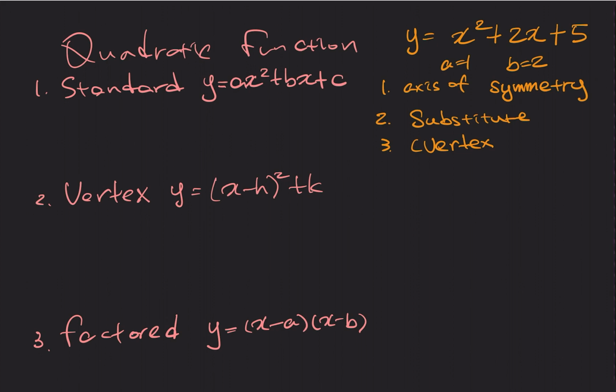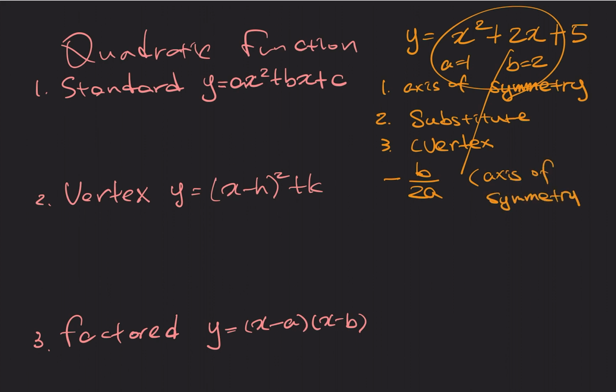To get the axis of symmetry, it is minus b over 2a. That is the axis of symmetry. So a was 1 and b was 2. So minus b, which is 2, over 2 times a, which is 1.